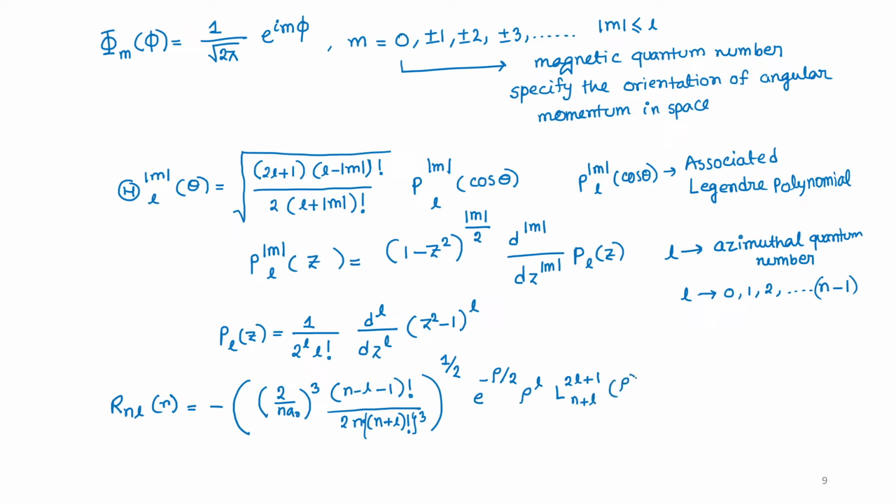Please don't try to mark this thing; I am also looking at my notes and writing this. Where this is another polynomial, L_{n+L}^{2L+1}(rho), where rho is 2r by n a naught. If you remember, this a naught is the radius of the first Bohr orbit.